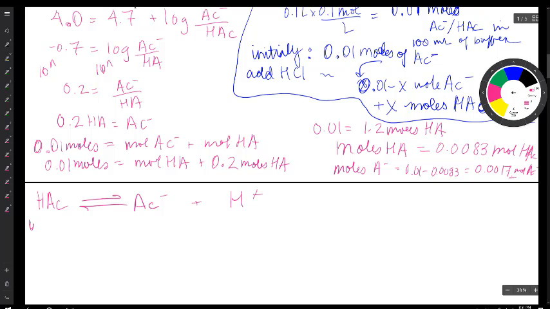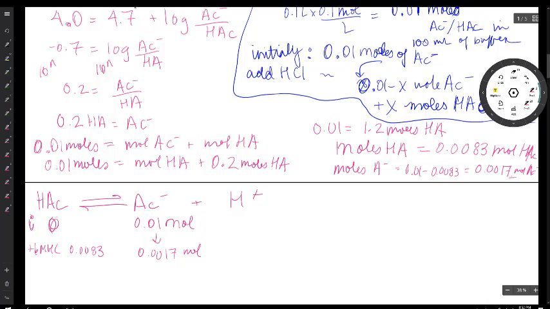Initially we had 0 moles of acetic acid, and we had 0.01 moles of the acetate ion. However, after we add HCl, we go to 0.0017 moles of acetate, and then we have 0.0083 moles of acetic acid.